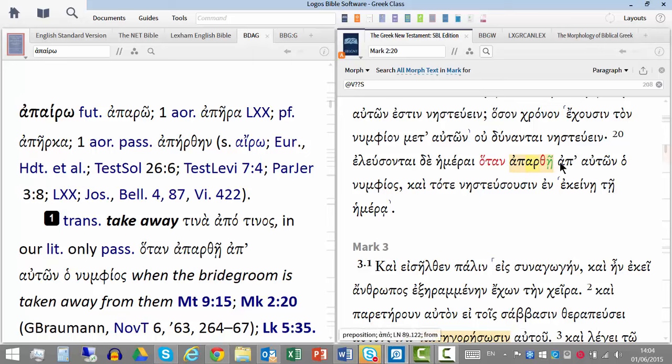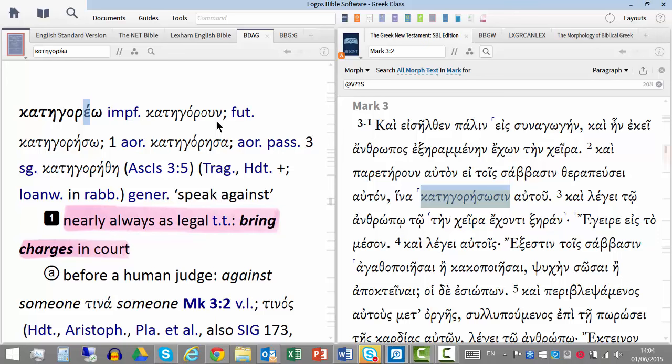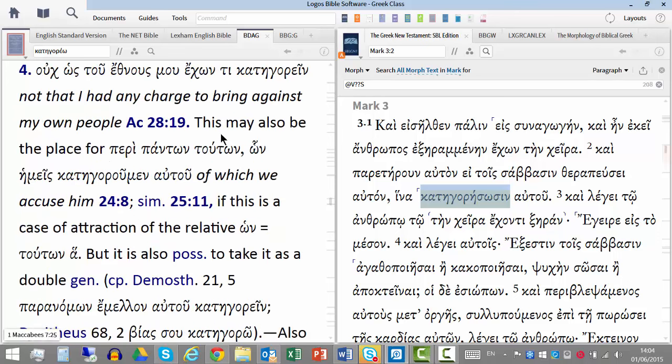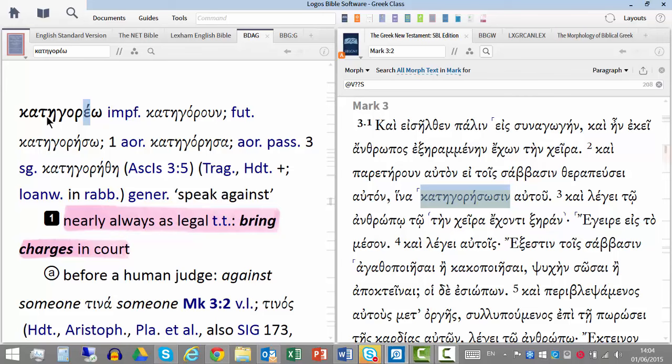Let's scroll down again. Here's another one. Kategoresosin. Right, you don't know this word. It's from kategoreo. You can see it's an epsilon contract verb. Kategoreo, to bring charges in court. To accuse, something like that, or bring charges. Kategoreo. You can see there's a preposition, kata, in compound.